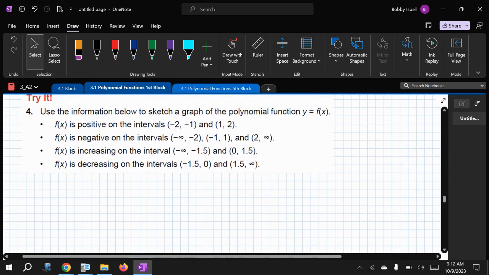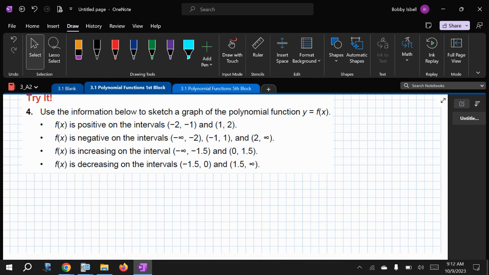So let's try that again with this one. Use the information below to sketch a graph of a polynomial given this information. See what you can do with that one.